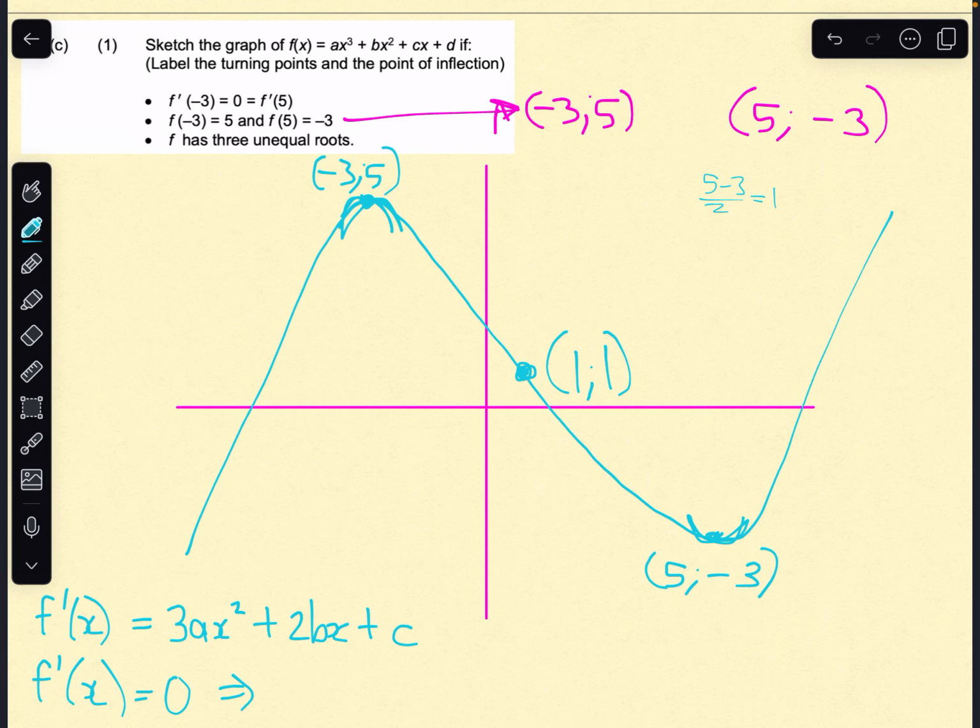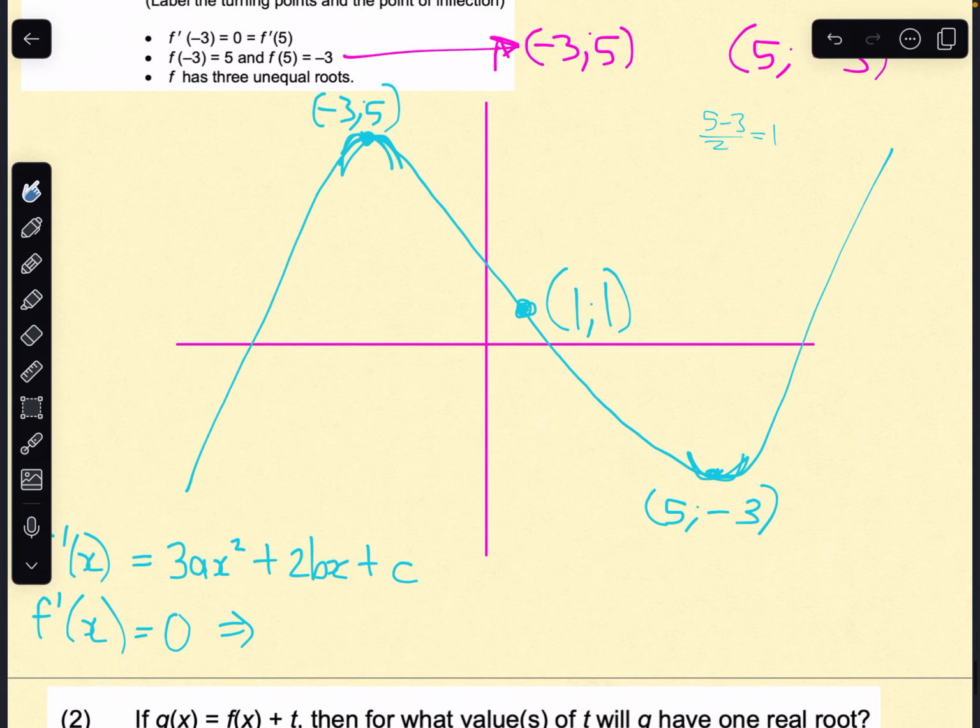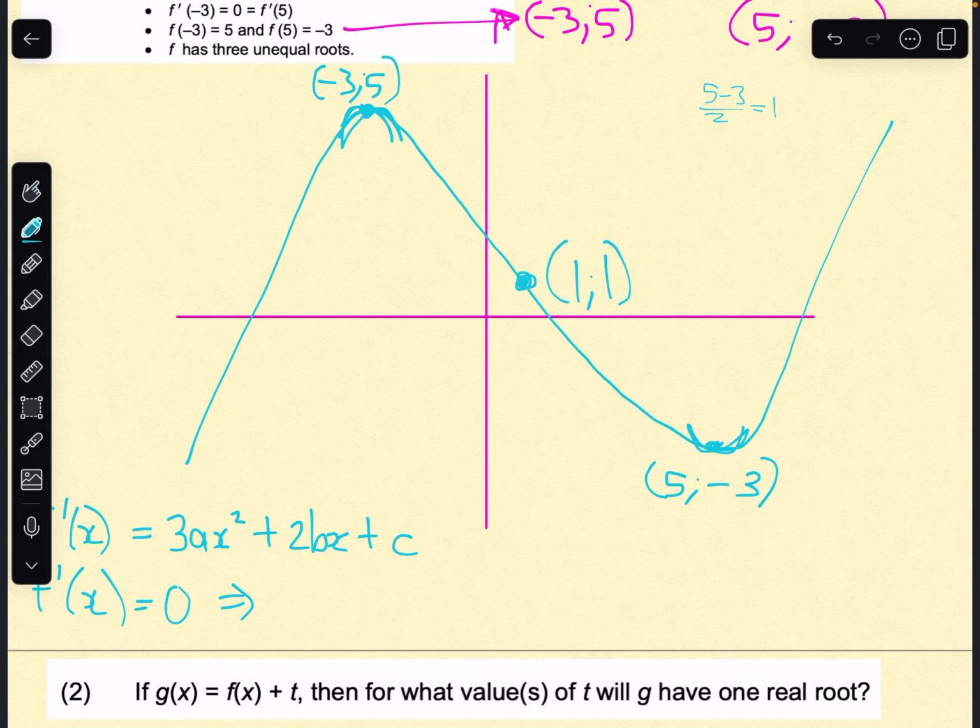So that's a quadratic, let's use the quadratic formula. So that will be minus 2b plus or minus the square root of 2b squared minus 4ac, divided by 2a.